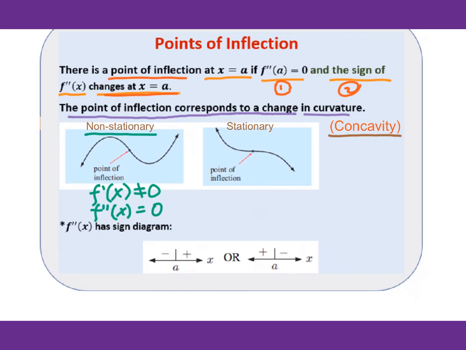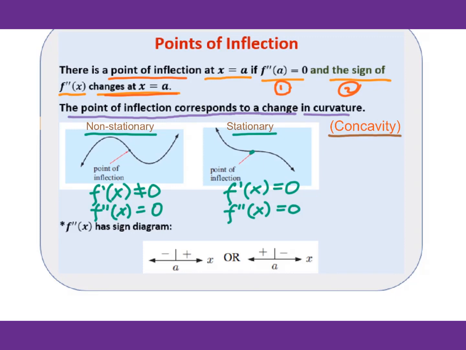The other is called the stationary inflection point, which means the first derivative is equal to 0 and also the second derivative is equal to 0 at this point.